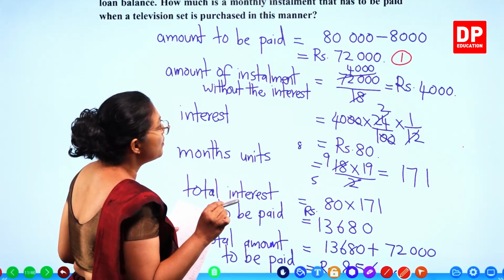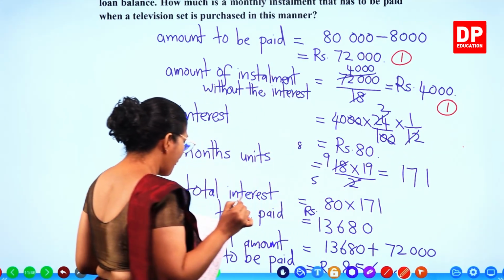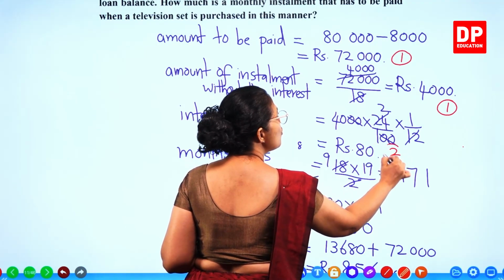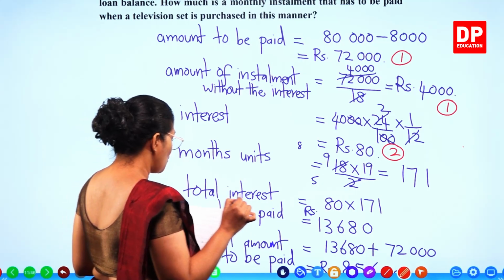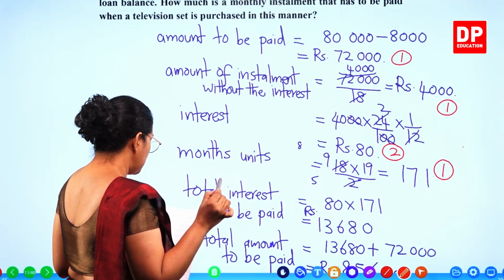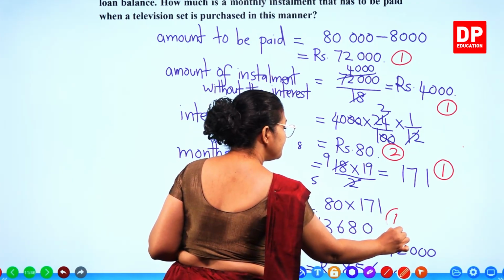Then monthly installment, getting 4,000 rupees, 1 mark. And for 80 rupees, getting 2 marks here. And then calculating month's units, 1 mark. And finding interest to be paid, that's 1 mark.